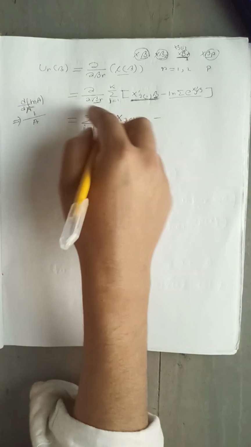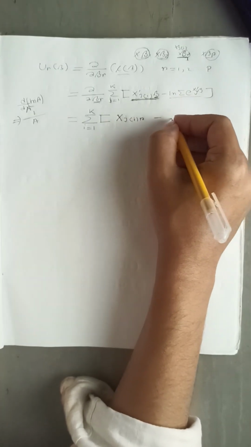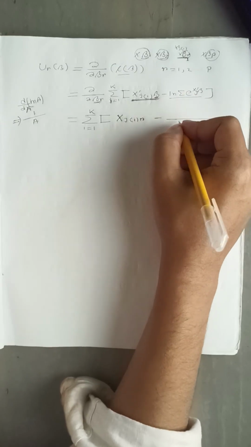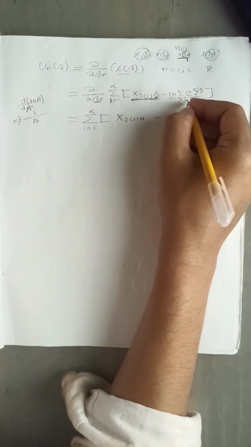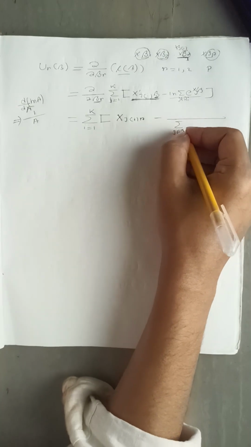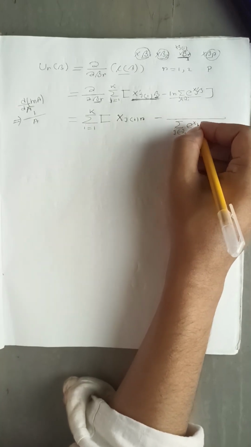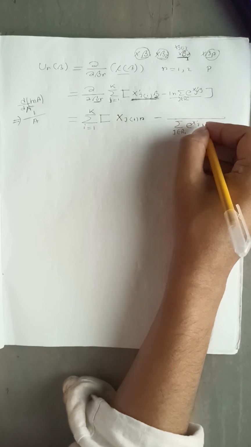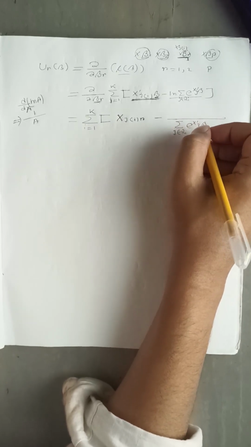With respect to a, d by da of ln a is 1 by a, as a reminder here. So I will find something like this: the summation where j belongs to the risk set R_i, of the exponent of x'_j beta. That I will have here.